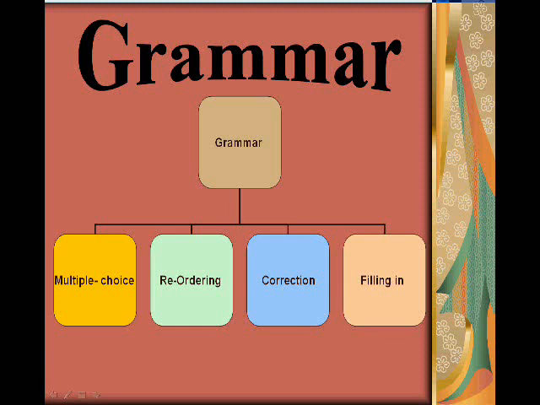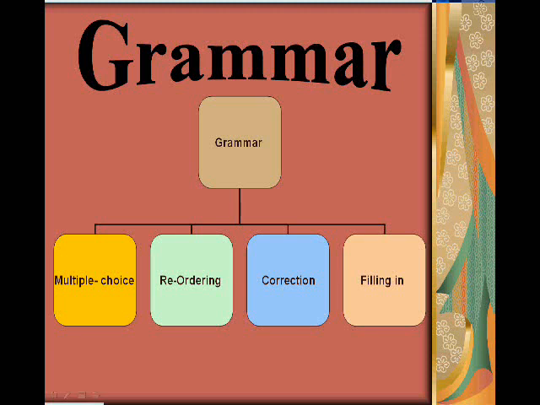When we look at the grammar part of the test, we have 4 types of questions. The first one is multiple choice, the second one is reordering, then we have correction, and then we have filling in. These are the 4 types of questions you are going to have in the exam this term.